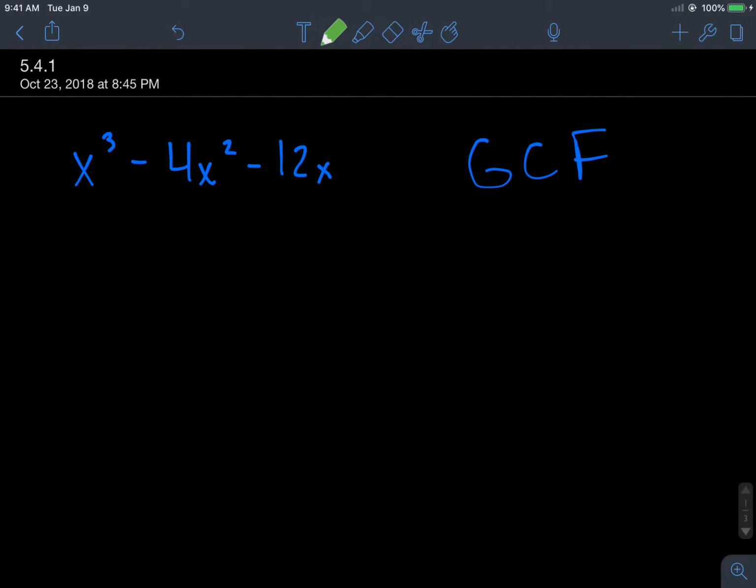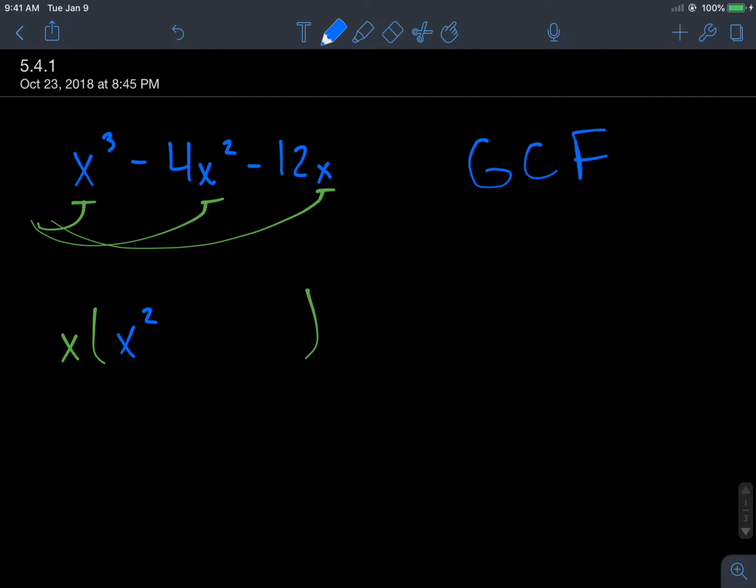So here we have x cubed minus 4x squared minus 12x. There's an x in each term that we can pull out in front. So we factor out an x. We essentially divide an x out of each term. If we divide an x out of x cubed, that leaves us with x squared.